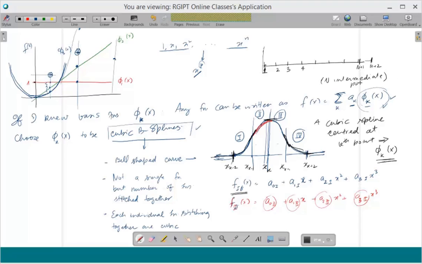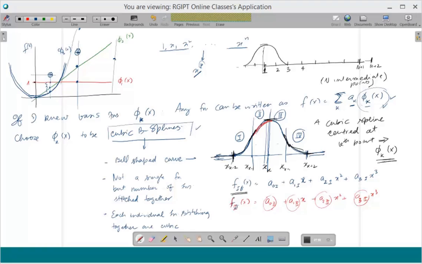Okay, so how do my basis functions look like? Phi1 would be something like starting over here and picking up over here, and then like this. That is my phi1(x).